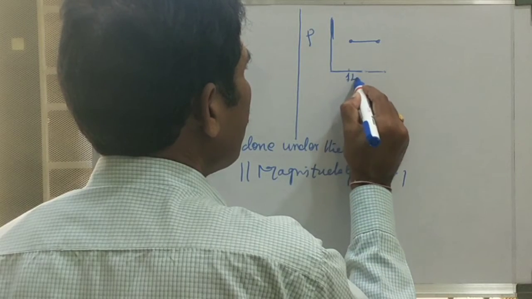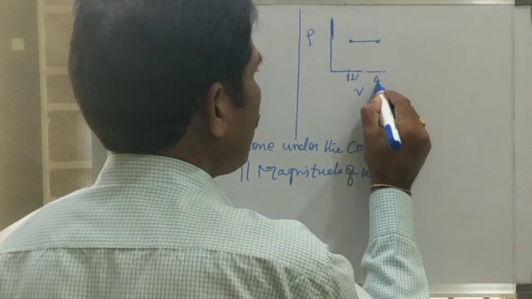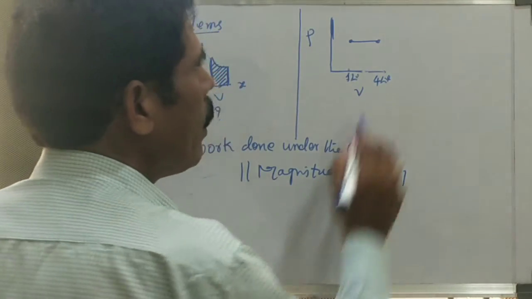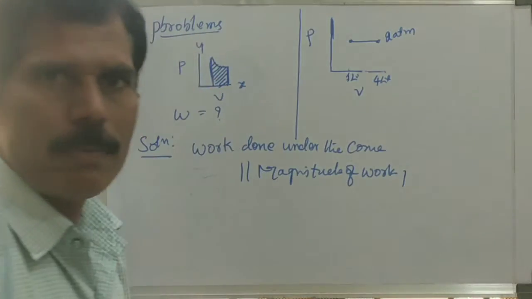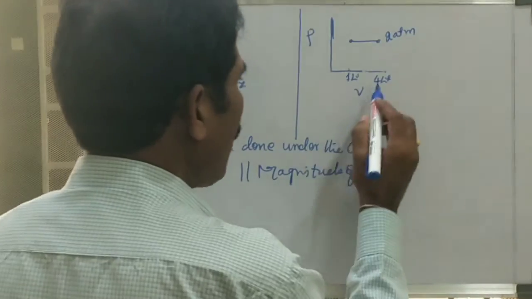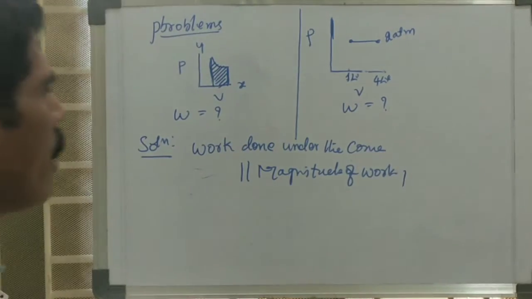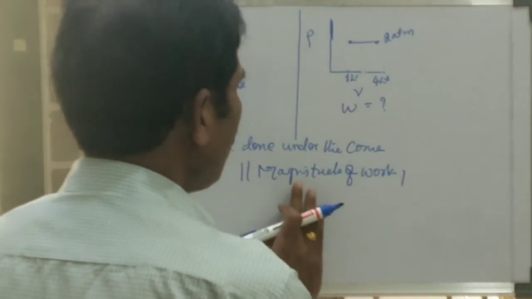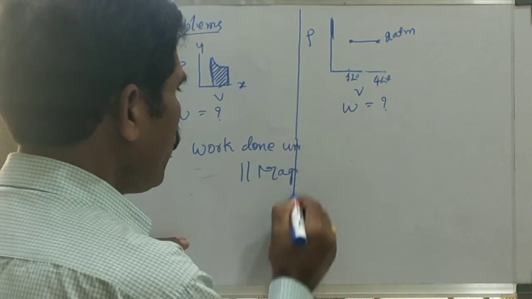This is 1 liter, this is 4 liters, and then 2 atmosphere. Then they are asking to calculate work done. In this case, what to do here? Up to here you have to shade it.